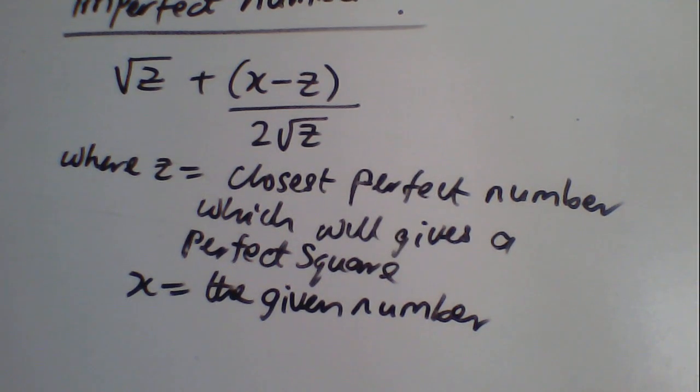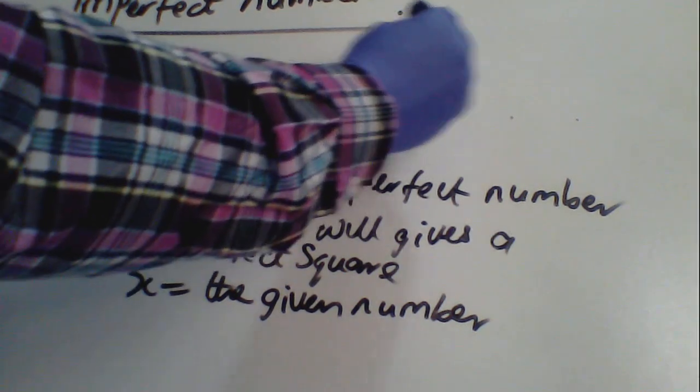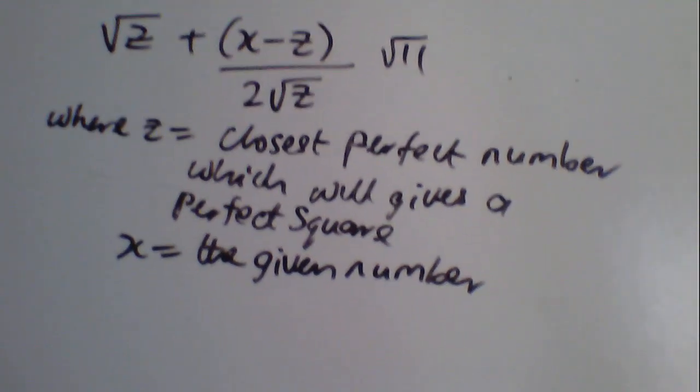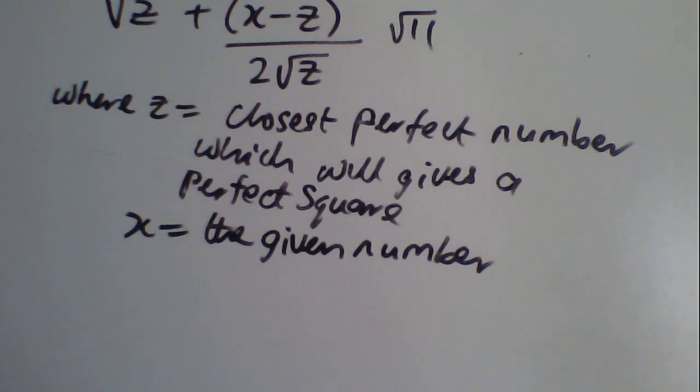In order to use this formula and be able to get an accurate answer or near accurate answer when we are finding the square root of a number, for example the square root of 11, we have to do what? We have to do decimal digit adjustment in order to get accuracy or near accuracy by using this formula.